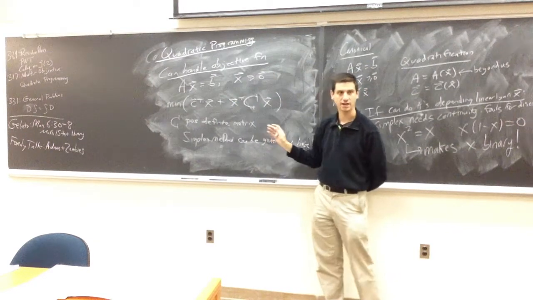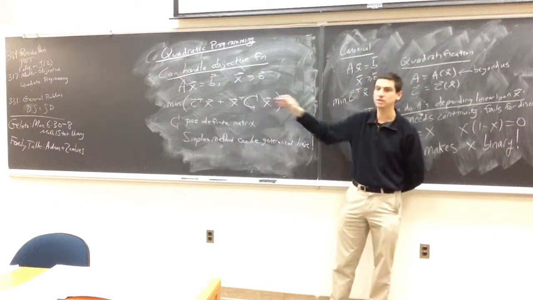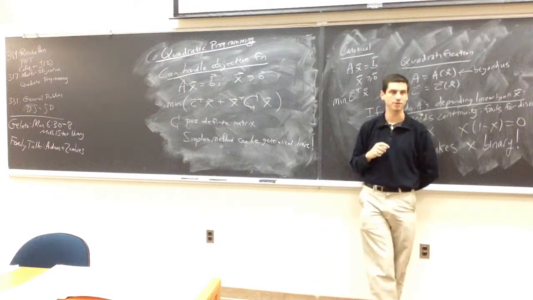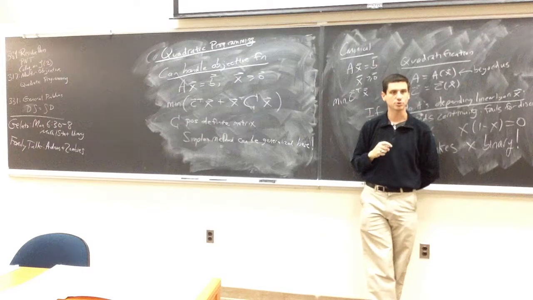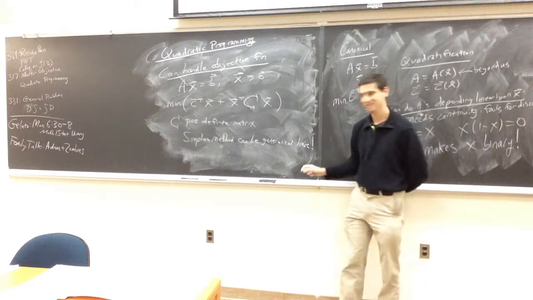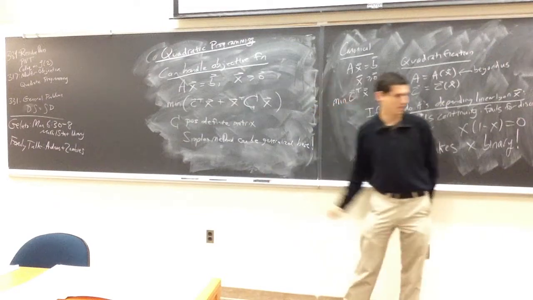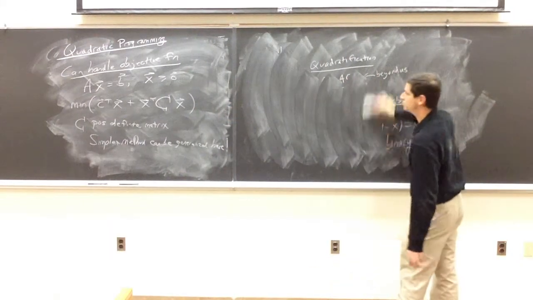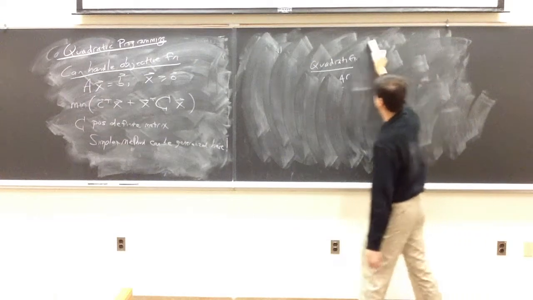You will have some package, and all you need to know is we can handle quadratic constraints if this matrix C is of a very special form, if it's positive definite. So the question is, how many of you remember what a positive definite matrix is? This is linear algebra, which sadly is often not covered in great detail. What we mean by positive definite is that x transpose Cx is non-negative.